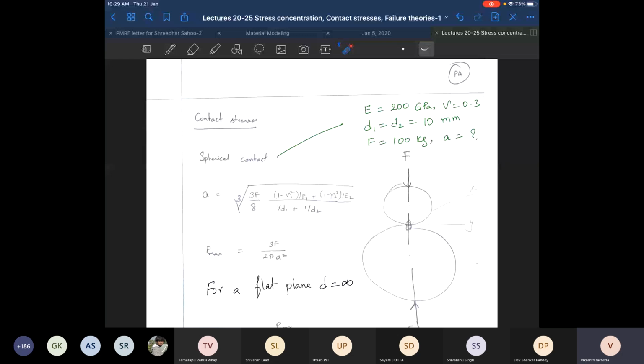Can you give me some examples where you have contact across elements in machine design? Gears, yes. Okay, gears, very good example. Cams. Gears, cams. Belt? No, belt is not so much really, it gets spread out.